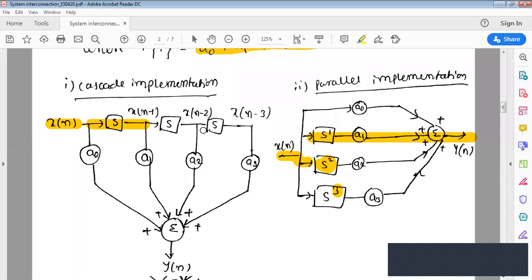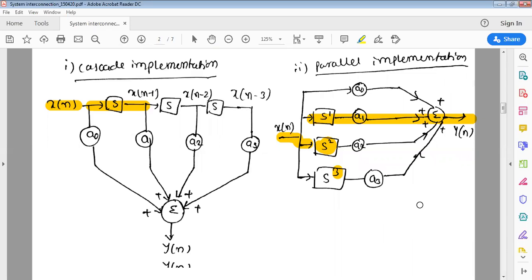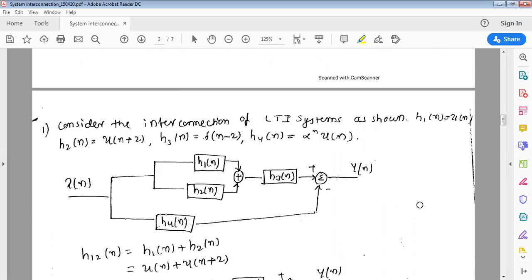But here, the output of each path depends on the previous one. That is the advantage and disadvantage of both methods. Any doubt? Are you able to follow? Yes, sir.